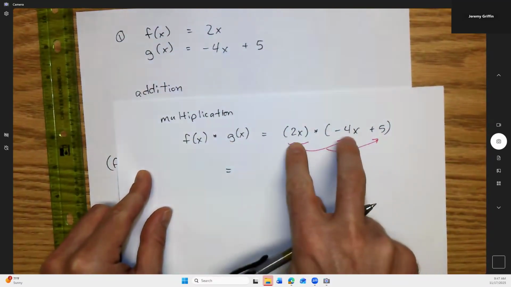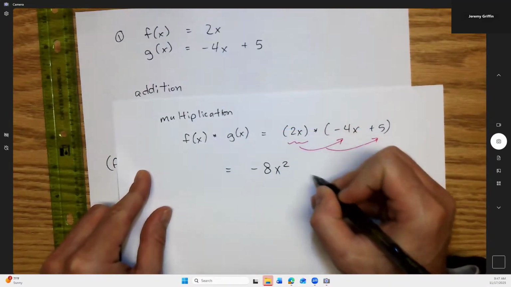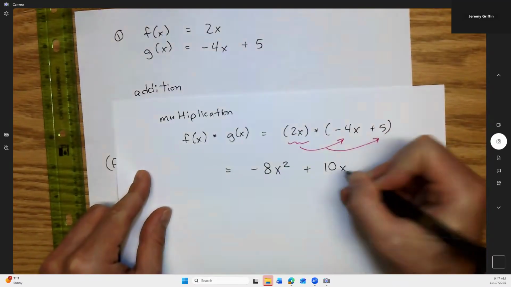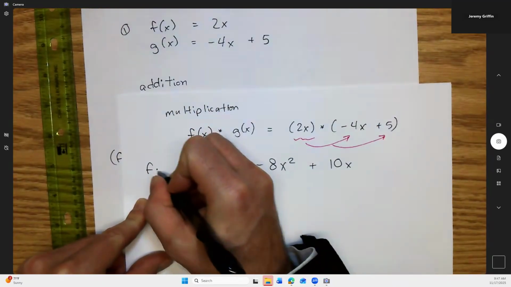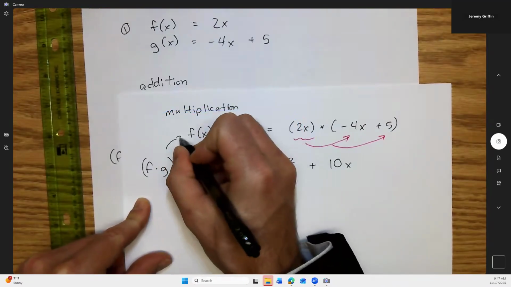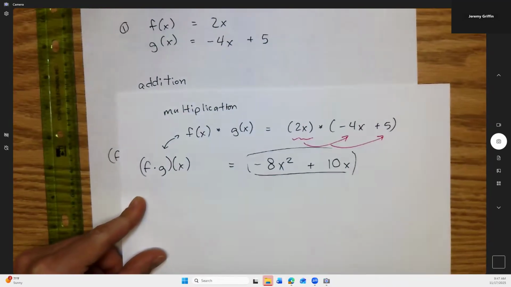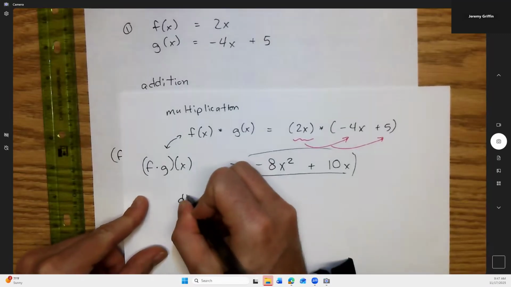That'd be 2x times negative 4x is negative 8x squared. And then plus 2x times 5 is 10x. Like that. And that notation you might see is f times g of x. It's the same thing. We're just multiplying the two functions together. How about division?